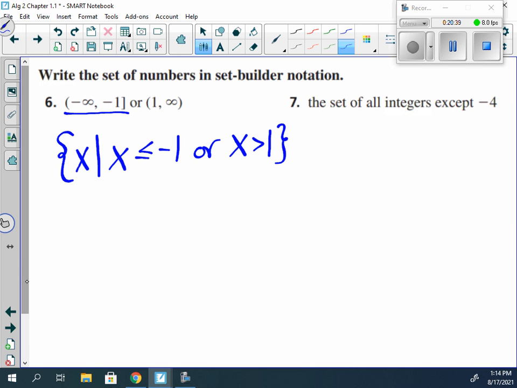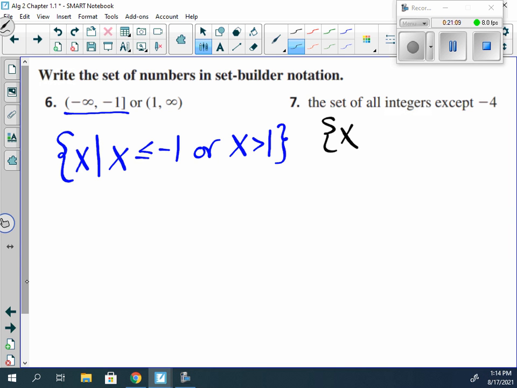Any questions on any of this here? Are we good with all this so far? Okay. Let's look at number 7. This one's normally what y'all like the most out of all these because of the except for -4. Now, we'll start off with our normal brace x.